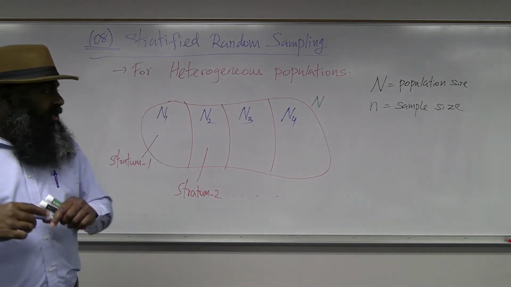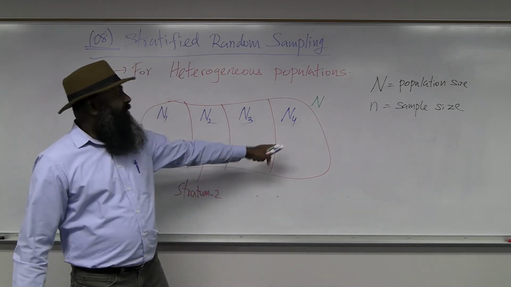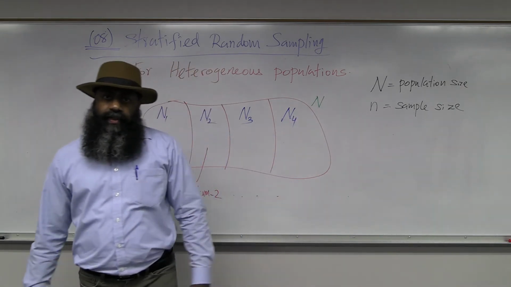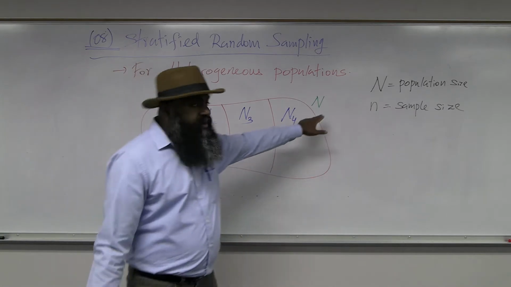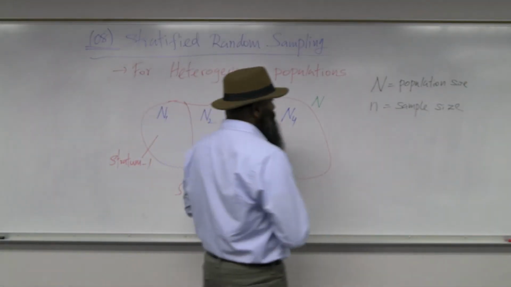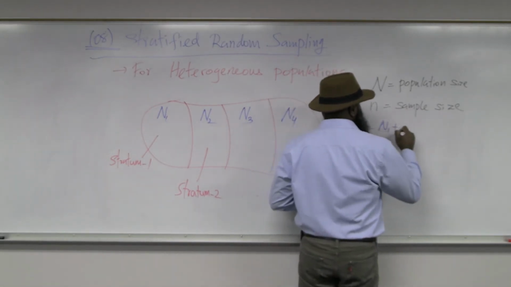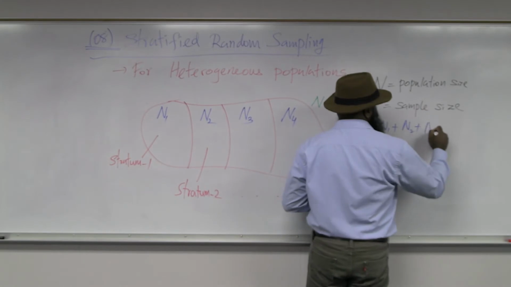Okay. So what's the connection between all these N1, N2, N3, N4, and N? N should be equal to the summation of all these numbers, right? So that's very straightforward. So that's the first thing you have to know. N equals uppercase N1 plus uppercase N2 plus uppercase N3, and so on.